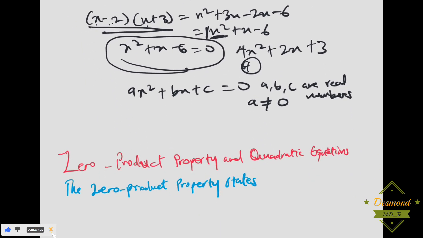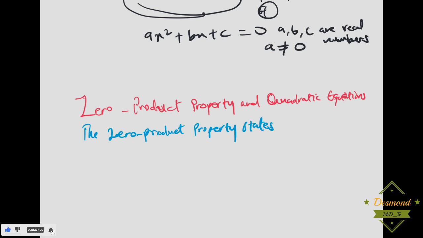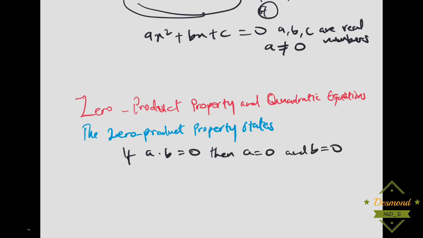So the zero product property states that if a dot b is equal to 0, then a should be equal to 0 or b should be equal to 0, where a and b are real numbers or algebraic expressions.